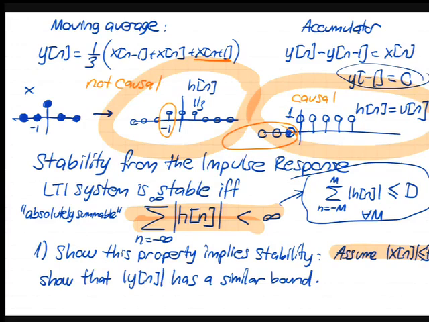For the moving average, does it exist? Yes, it adds up to 1. It doesn't blow up, right? What about the one on the right? The sum blows up, right, as I increase the window for which I'm doing the summation. So clearly, the moving average will be stable. The accumulator will be unstable. Again, these properties can be judged by just looking at the equation. We didn't even need the impulse response, but it's good to do a quick illustration.